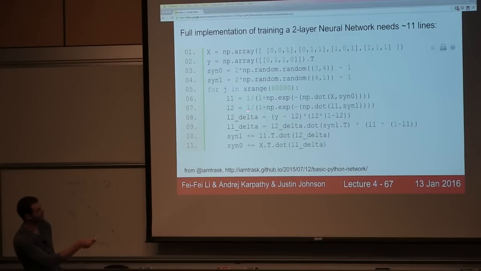The L2 delta is the gradient on L2, the gradient on L1, and this is an update here. So right away he's doing an update at the same time as doing the final piece of backprop, where he's formulating the gradient on the W and right away adding to it. And so really 11 lines suffice to train a neural network to do binary classification.